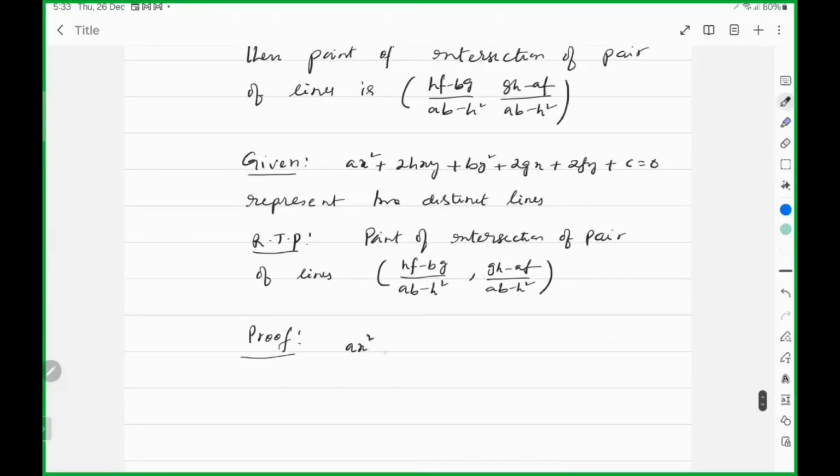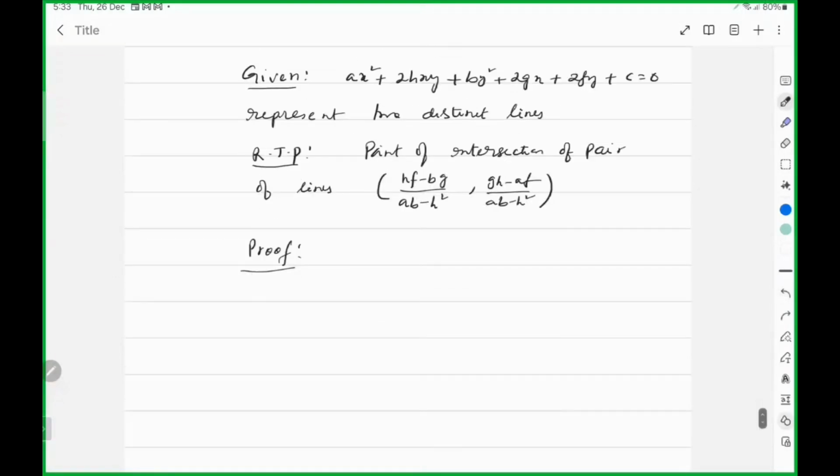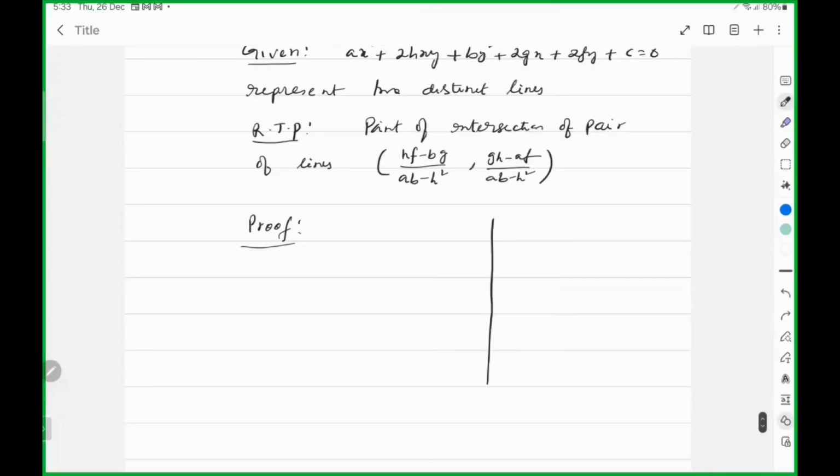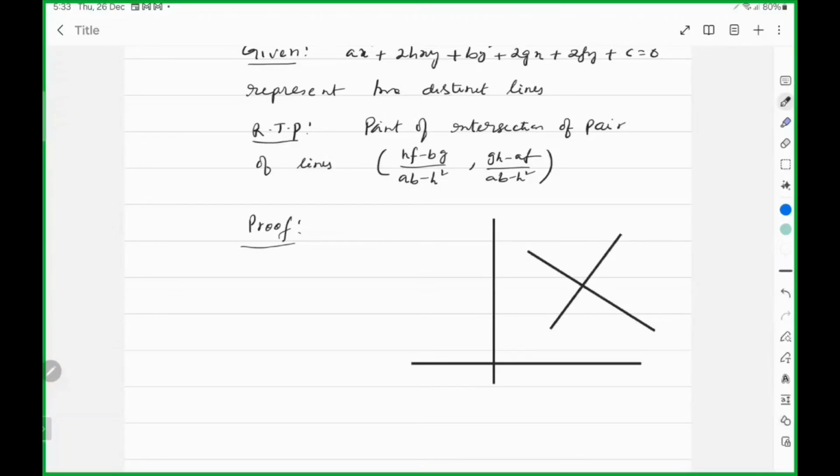So this is the basic idea of simplifying. Here the given equation represents two lines which intersect, let us say, at the point x naught comma y naught.